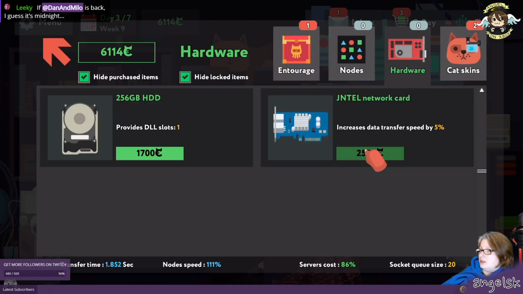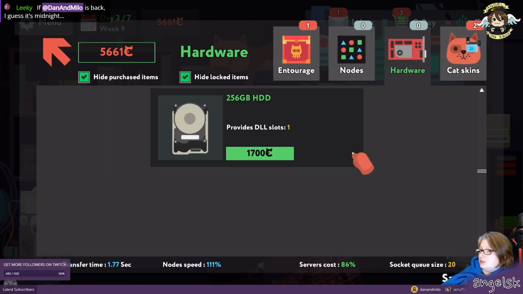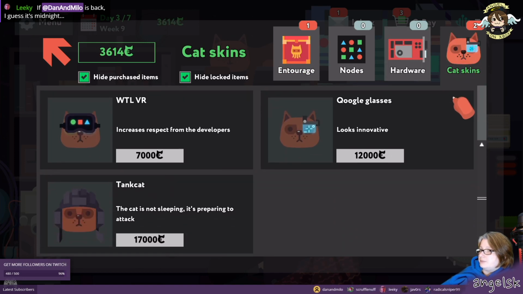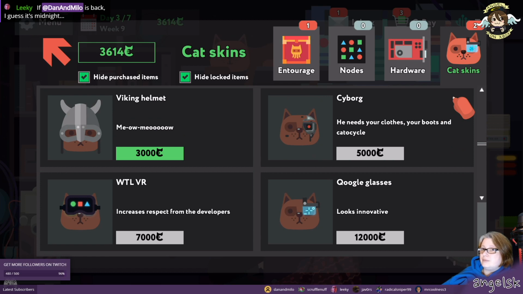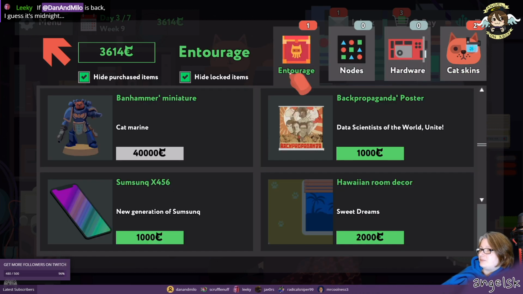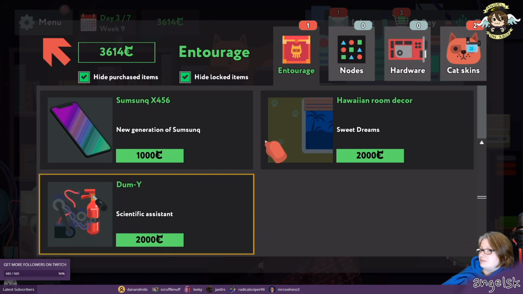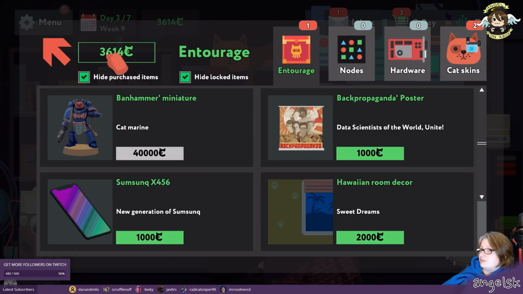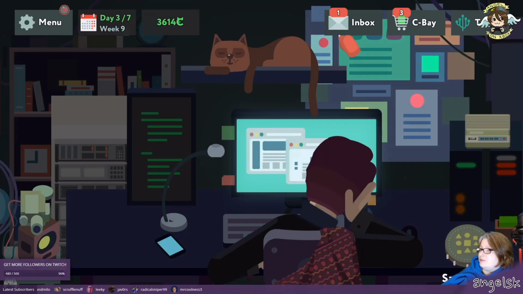Nodes, hardware. Let's do the data speed. We're not really using DLLs right now. Hopefully we get enough to be able to buy everything.